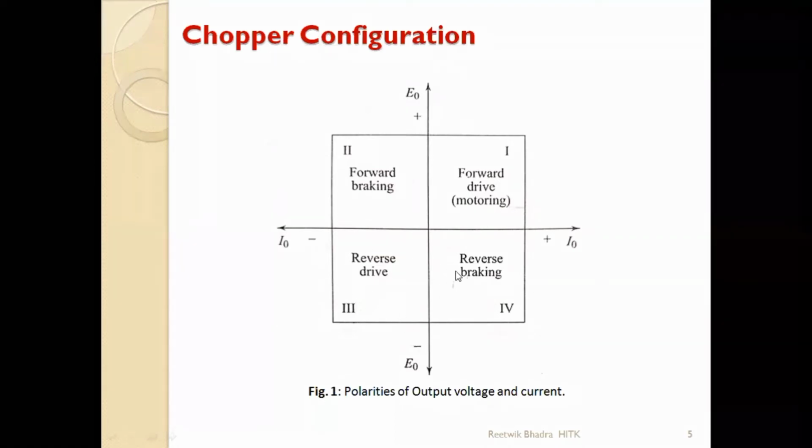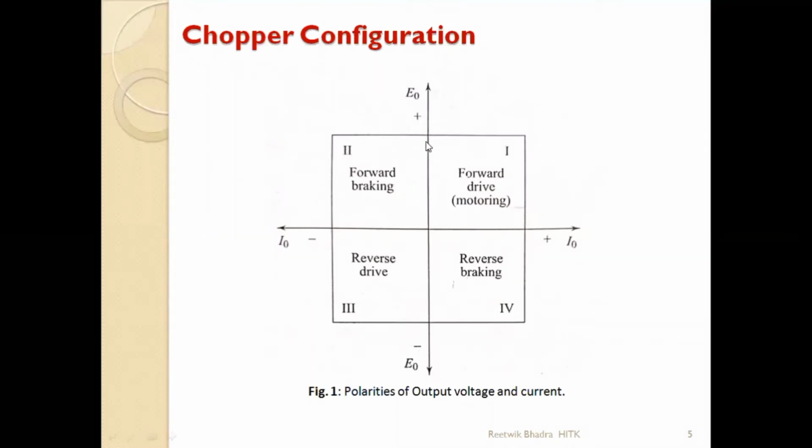Now the rotation is in the opposite direction, so we call it reverse. In the forward case, armature terminals are normally connected positive to positive, negative to negative. So if I consider anti-clockwise as forward motion, in the first two quadrants the motion of the motor is in the anti-clockwise direction, and in the third and fourth quadrants it is in the clockwise direction.